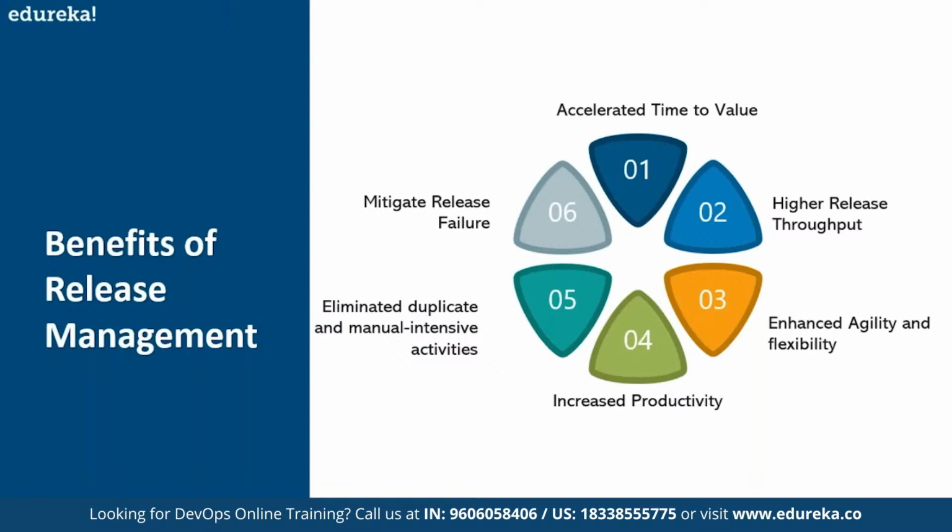It eliminates duplicate and manual intensive activities. All the duplication of work is stopped, and if we make it fully automated, manual interventions are stopped. And at the end it mitigates release failure. Once you have a well-made DevOps system, release failures are also reduced increasingly. So these are the six major advantages of why release management systems are employed in industry.